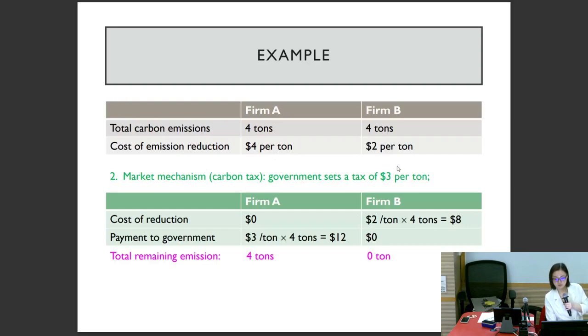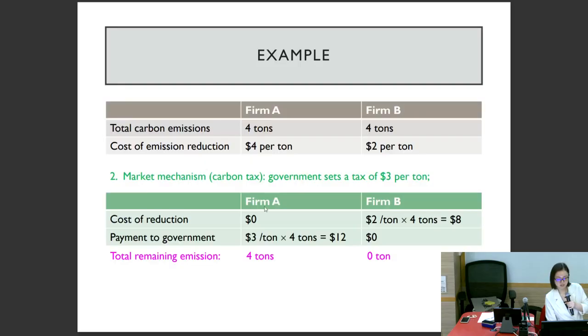So you will not invest in the carbon emissions reduction, because it's more expensive. Instead of reducing your own emissions, you will just pay the tax, because the cost is cheaper.